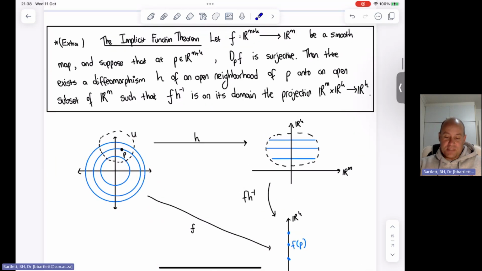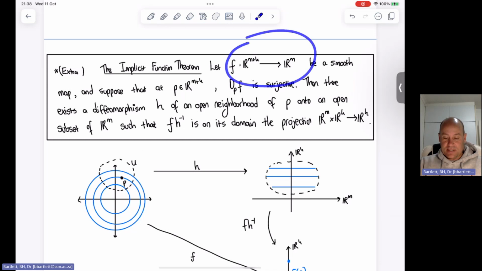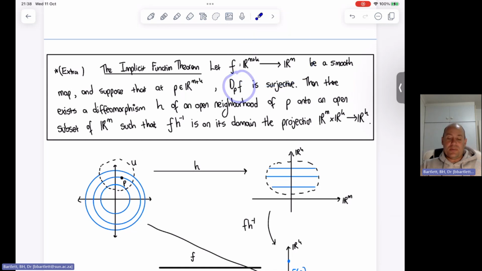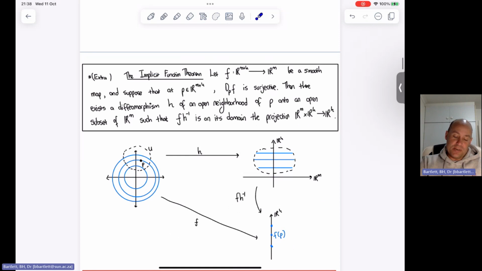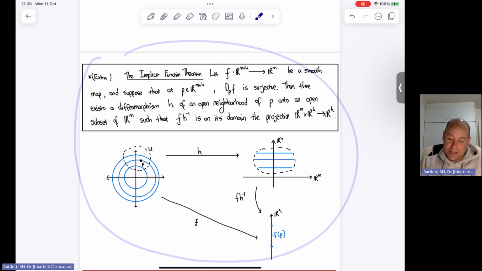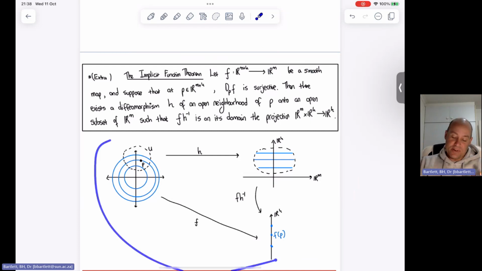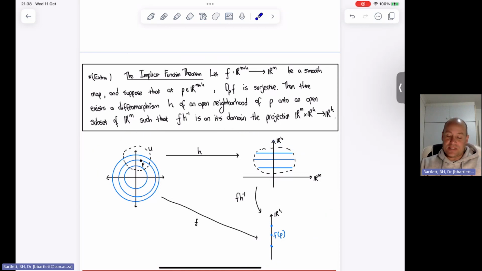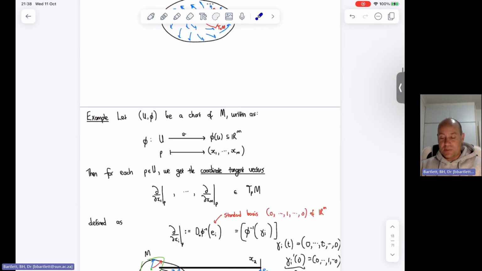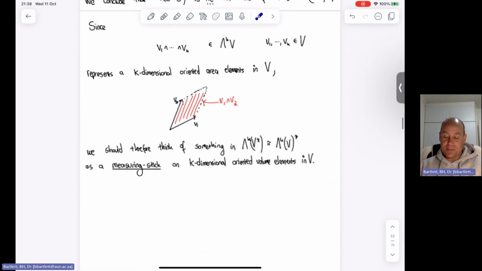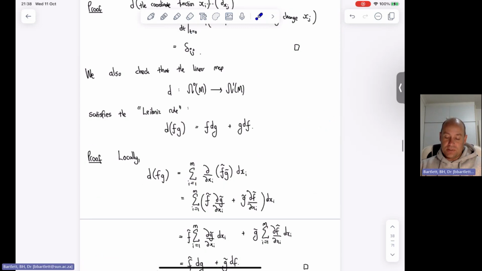The implicit function theorem said that if you've got a map like this, and when the derivative is surjective, then, so this is a more general statement, but I can apply it to the case where m equals 1, and then that derivative will just be working out the gradient. Okay, and then it tells us something very nice about how the level sets of H are sitting. And now we're doing a holomorphic version of the same theorem, which is true.